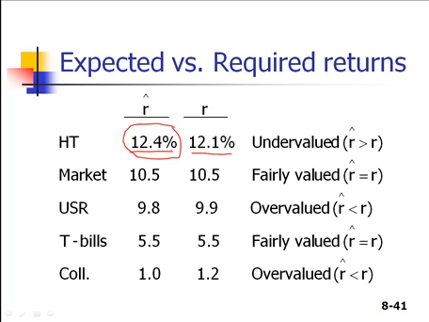Okay, and in the same breath we could say that the stock is undervalued. It's underpriced. It is a buying opportunity for investors. This is a stock they would want to purchase. You purchase things that are undervalued rather than overvalued, certainly, and that happens whenever the expected return is greater than the required return.